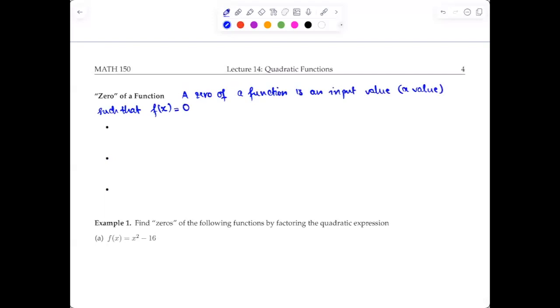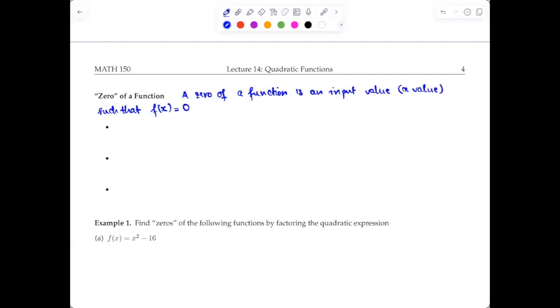So in addition to having the name zero, there are other names that you can use to describe this zero. You can use the word solution, you can use the terminology root of the equation, you can use x-intercept of the graph of the function.